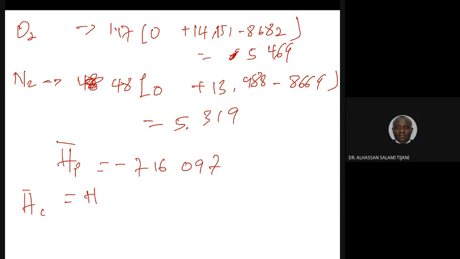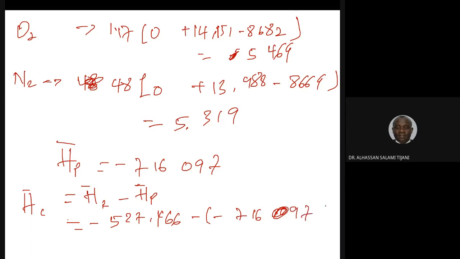Now to find the enthalpy of combustion, we have already said this gives us HR minus HP. So this gives me minus 527,466 minus, again, minus 716,097.